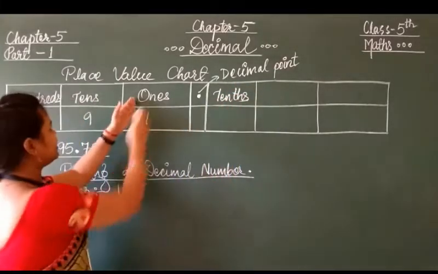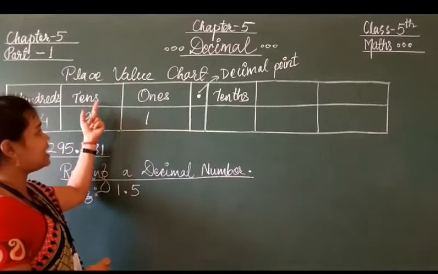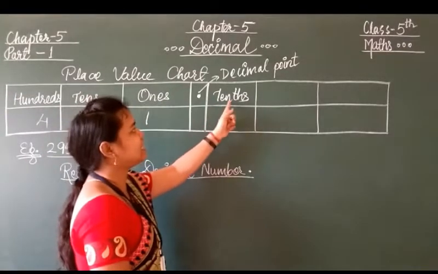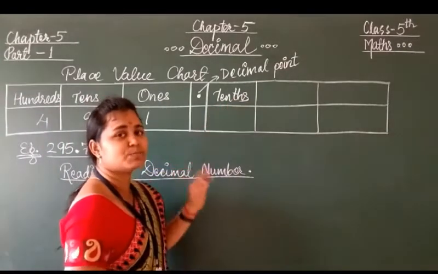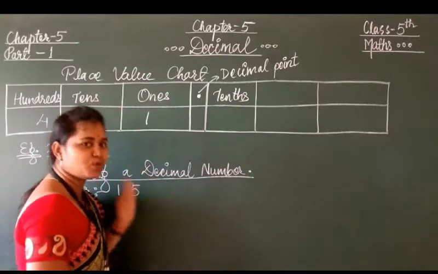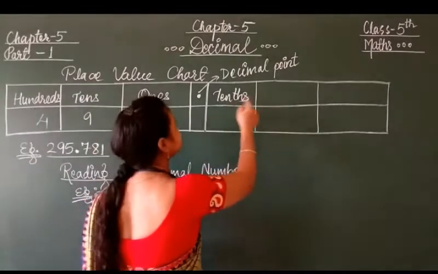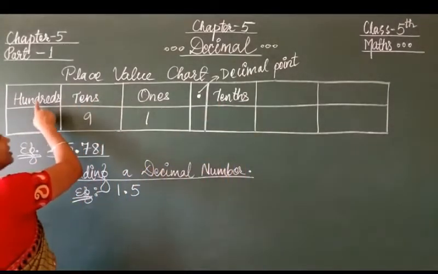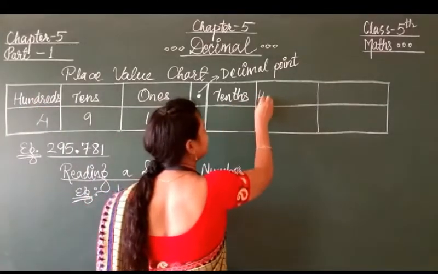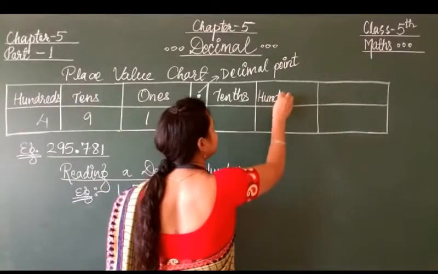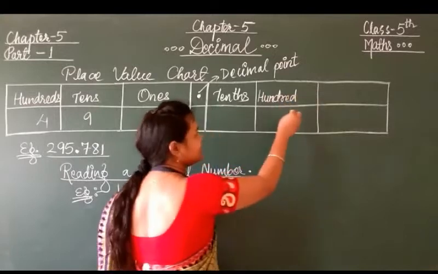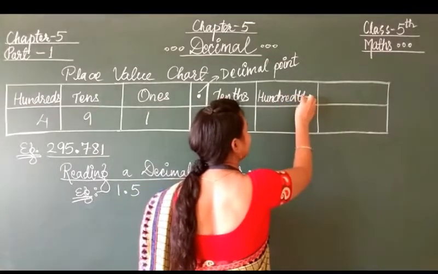Because ones is there, here tens is there, T-E-N-S. But here it is T-E-N-T-H-S. It is pronounced as tenths. Then after tenths, hundredths is there, H-U-N-D-R-E-D-T-H-S.